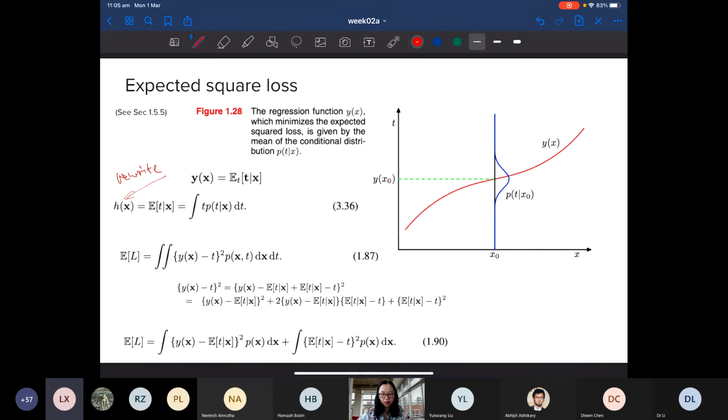Note that this is a function of x still, because we've only taken the expectation with respect to t. Now something interesting happens. This allows us to take the expectation of the square loss function, which is y of x minus t squared, taken over the distribution of both x and t.